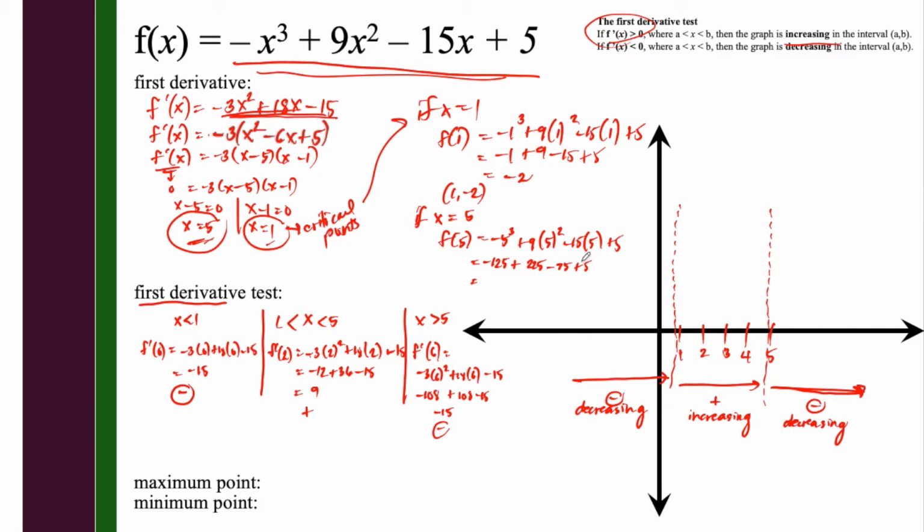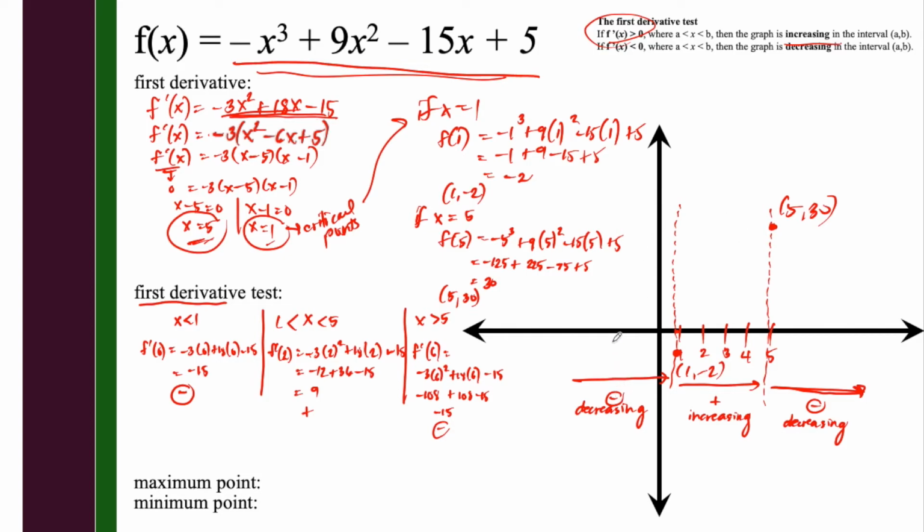That is 30. So we have a point which is 5, 30. So we have 1, negative 2, let's say this is this point, and 5, 30, let's say somewhere here.